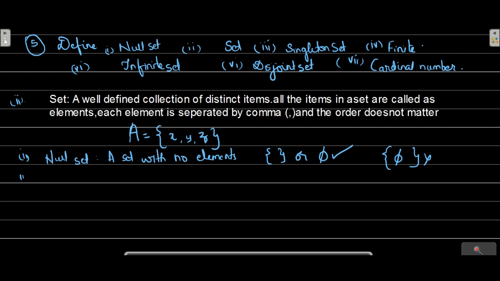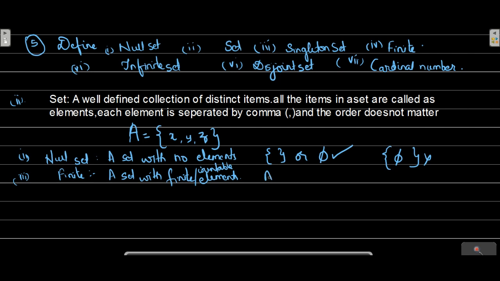Now what are finite sets? Finite sets are the sets in which there are a finite number of elements, meaning countable elements. A set with finite or countable elements is called a finite set.